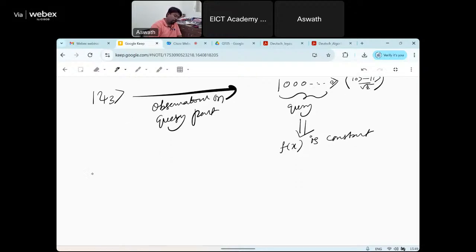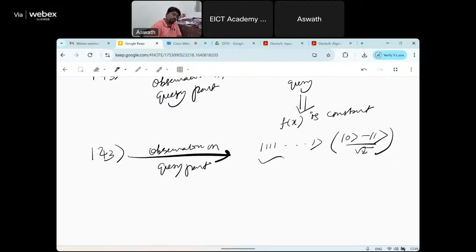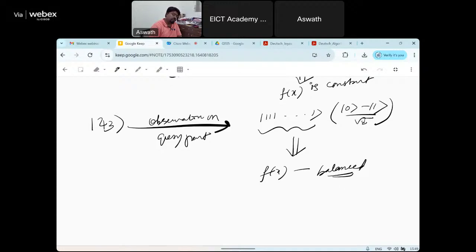Okay. Same thing, if the observation on the query part leads to, let's say, all ones, and the ancilla can remain in the superposition, it doesn't matter, which implies f of x is balanced. We have just seen one of the cases.